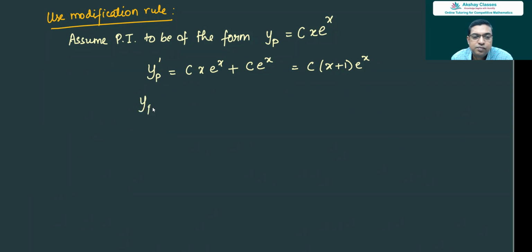Second derivative: c(x plus 1) e^x plus c e^x, which gives c(x plus 2) e^x.